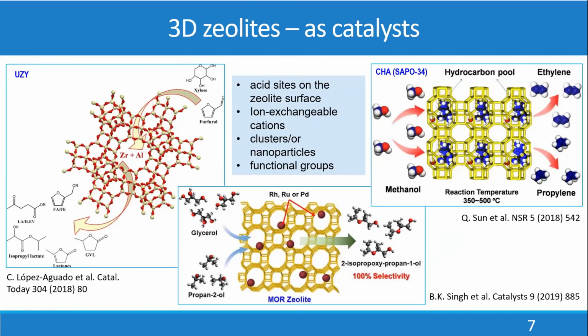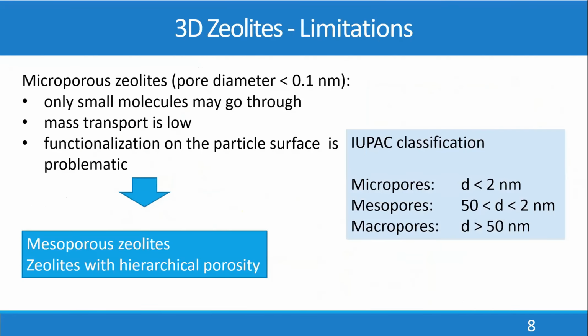Moreover, we can introduce inside different cations or clusters or molecules or nanoparticles and so on that are immobilized inside the structure, and so we can use this new material for specific catalytic reactions. But there are, of course, some limitations of 3D zeolites.